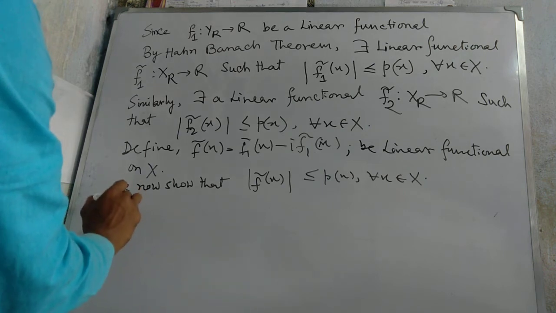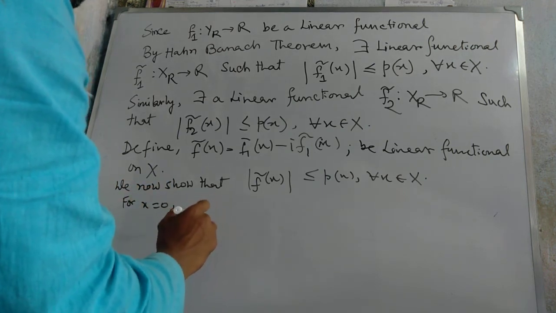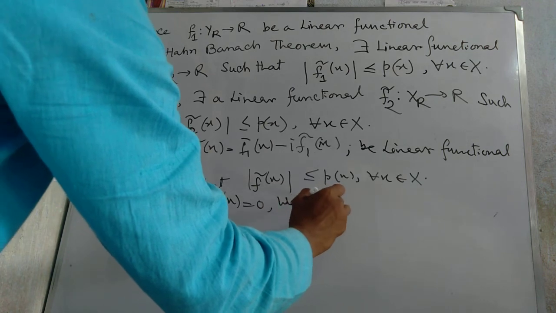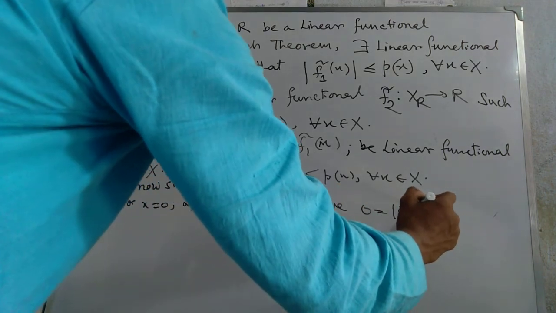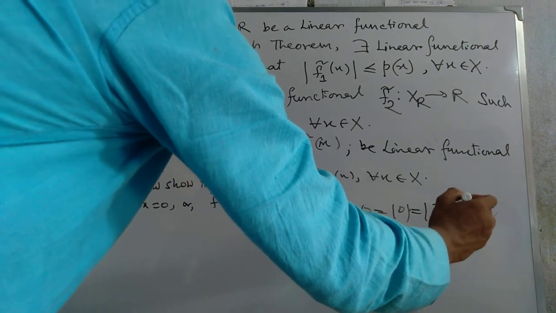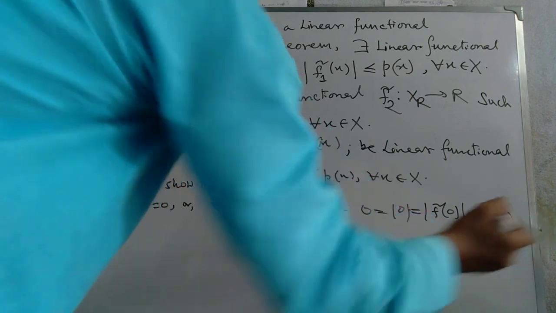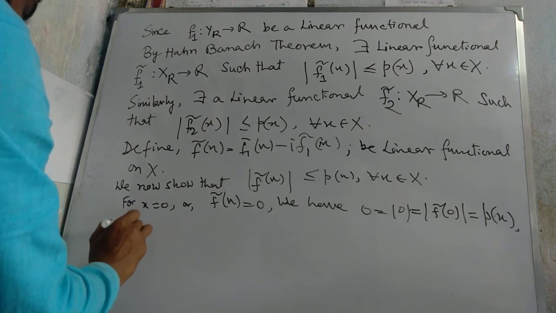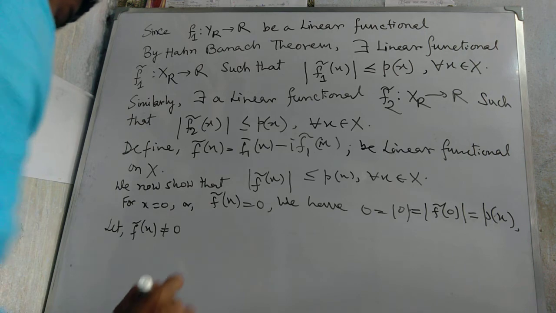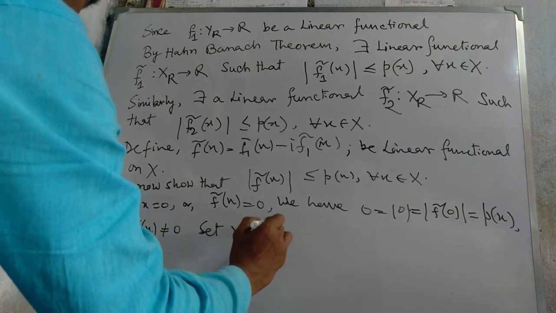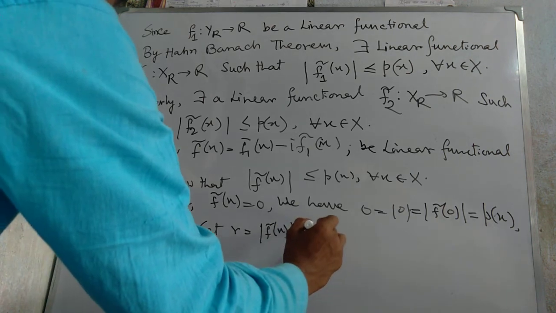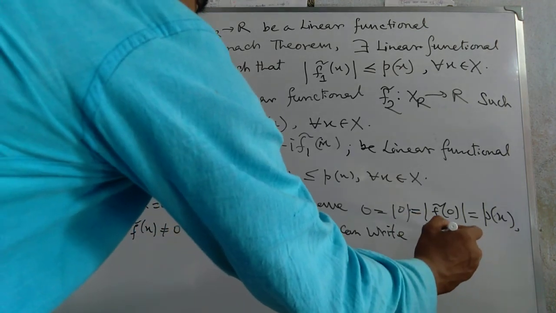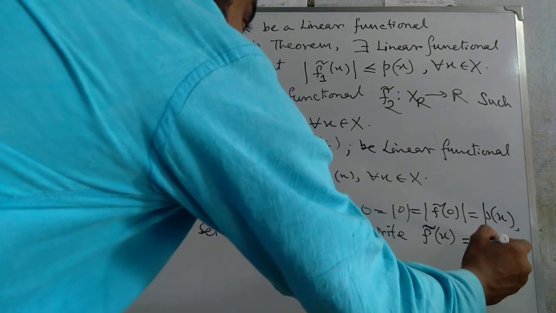Okay, so how? For x such that f tilde(x) = 0, we have 0 = |0| = |f tilde(x)| less than or equal to p(x). Next, let f tilde(x) not equal to 0, then set r = |f tilde(x)|. We can write f tilde(x) = r e^{i theta}.